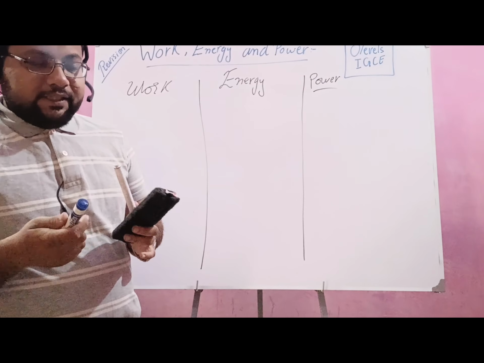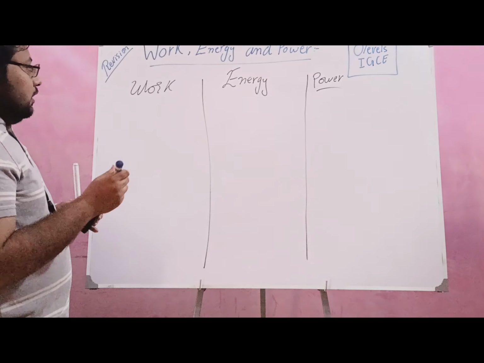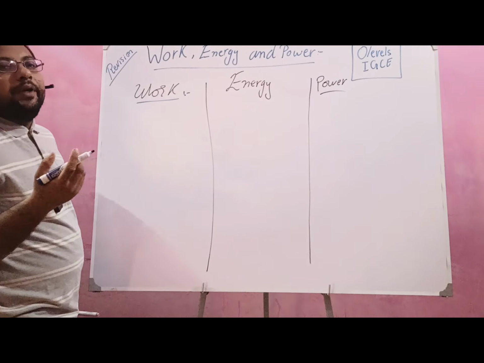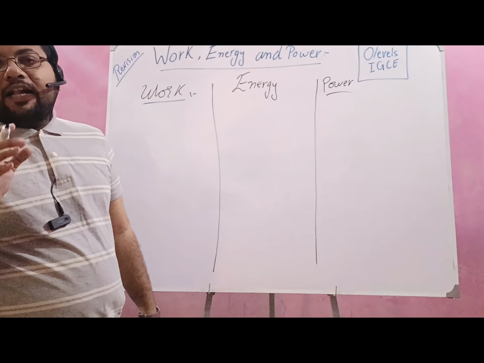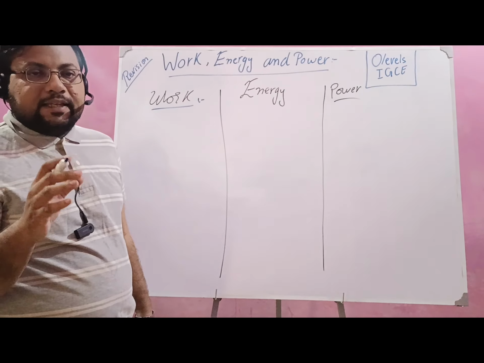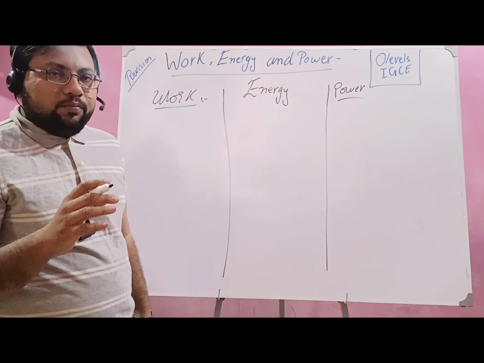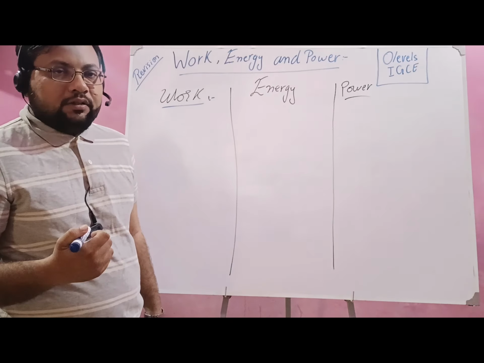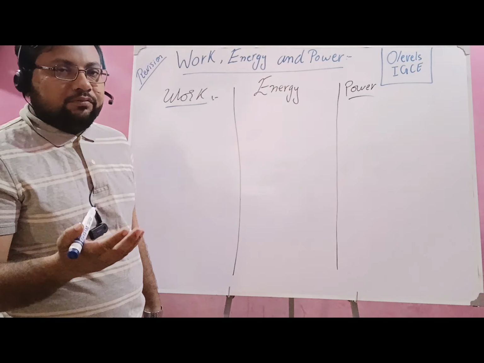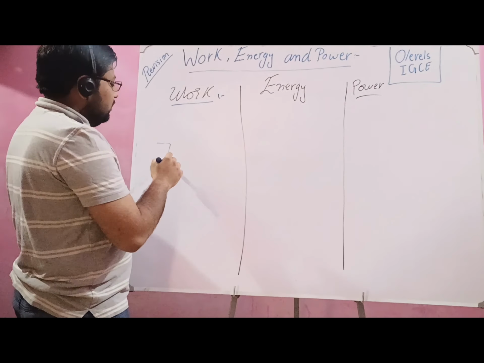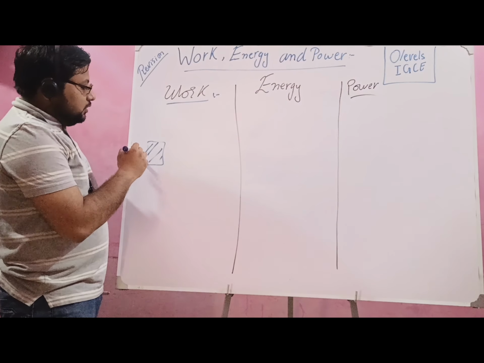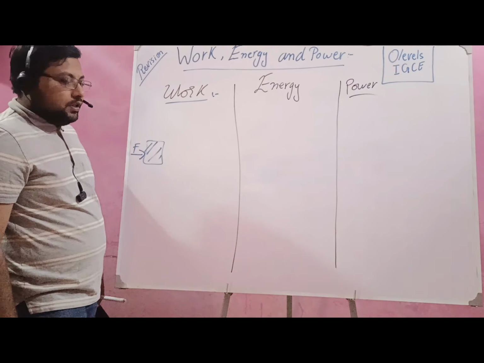For example, let's discuss work first. In physics, work is said to be done when an unbalanced force acts upon an object and this object is displaced, it changes its position. For example, there is an object, and an unbalanced force is acting on it.